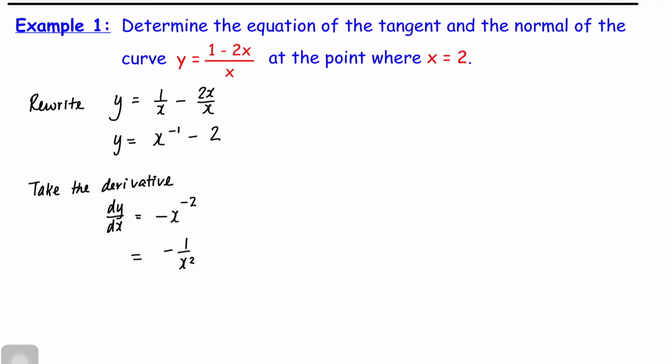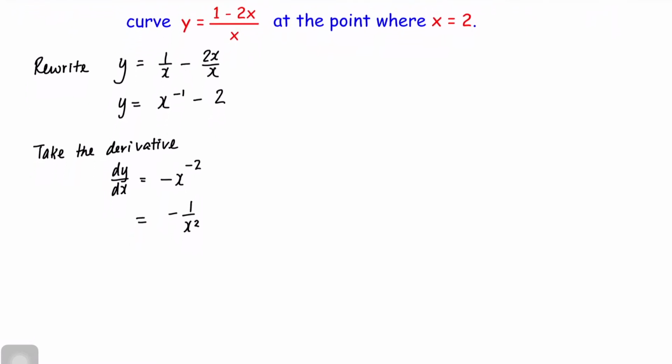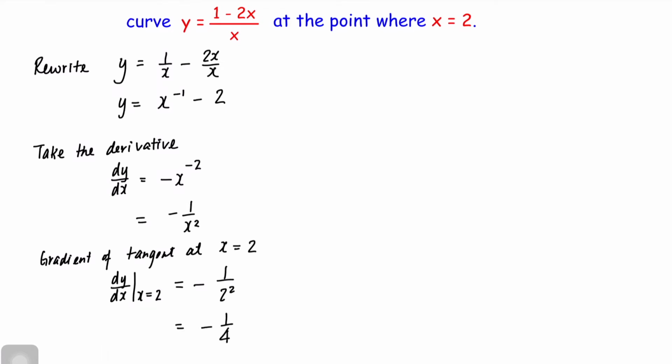Now, at the point where x is equal to 2, so we want the gradient of tangent at x equals 2, we're going to evaluate dy by dx at x equals 2, so this is the notation, minus 1 over 2 squared, so this is negative 1 over 4.